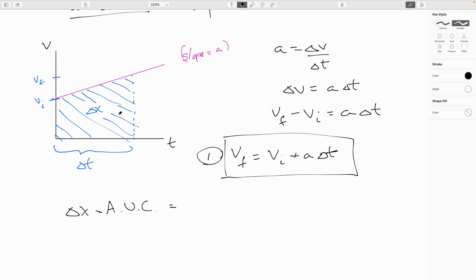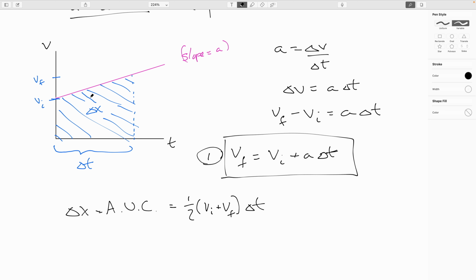And the formula for the area of a trapezoid is the length that doesn't change times the average of the lengths that do change. So what changes here is this height here is v initial, that height there is v final. So we use the average of those, so it'll be 1/2 v initial plus v final. And then the length that doesn't change in our trapezoid is this, so delta t.